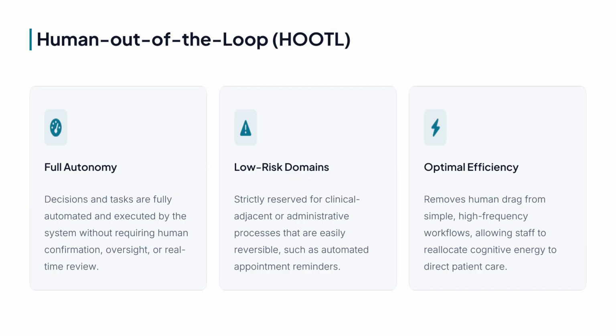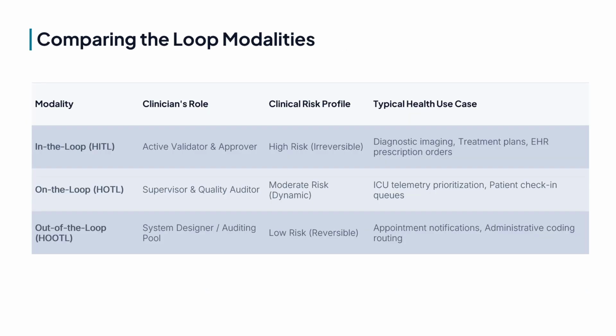So if you bring all of these things together, you have something that looks like this, right? So when you're in the loop, the human, the clinician, is the active validator and the approver. Your risk profile, you do it for high risk activities. And for example, any treatment plans and diagnoses. If you're on the loop, you're a supervisor or an auditor, the risk is moderate.